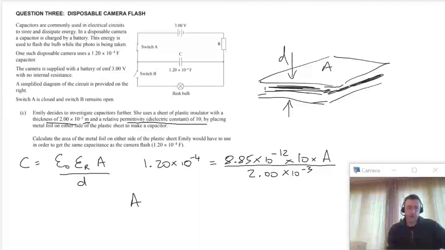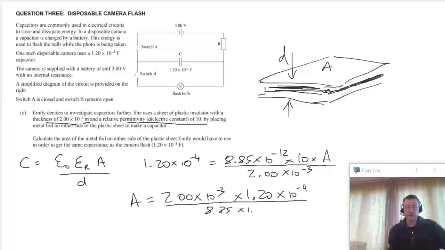So A equals 2.00 times 10 to the minus 3 times 1.20 times 10 to the minus 4 divided by 8.85 times 10 to the minus 12. We do the calculation correctly, and we get 2711.9, or 2710 meters squared.